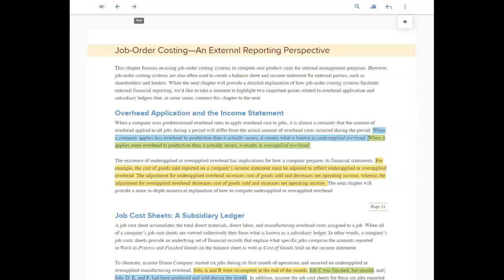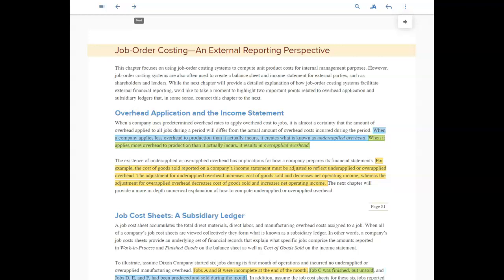Since we are using an estimate to apply overhead, then when we get down to the end of the year, we're not going to be accurate down to the penny or to the dollar on our estimate compared to what we actually applied to the jobs worked on during that period. So we're going to have usually some under or over applied overhead.